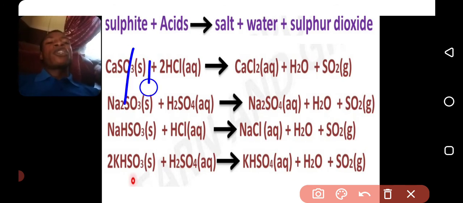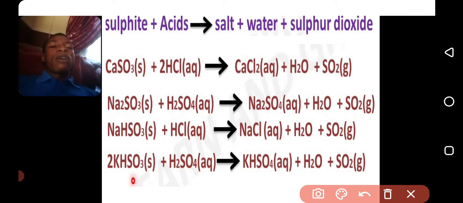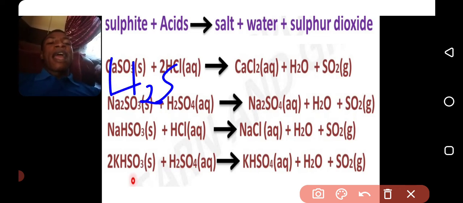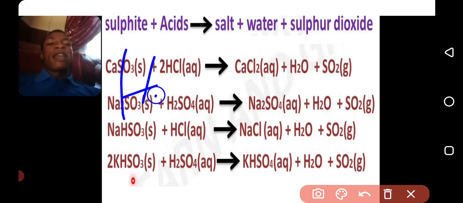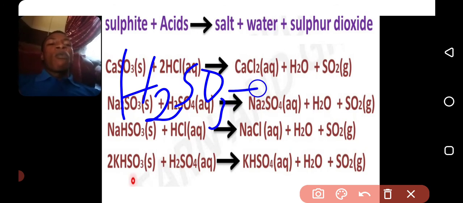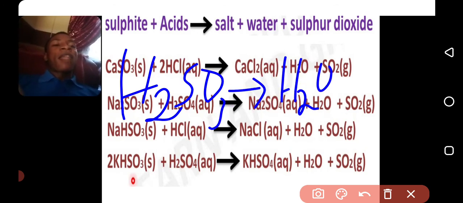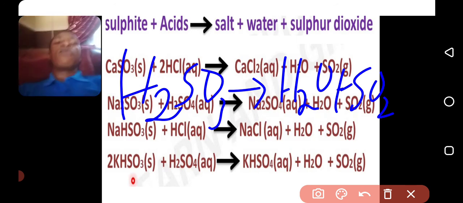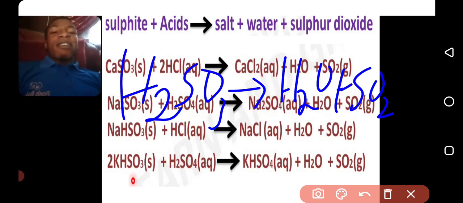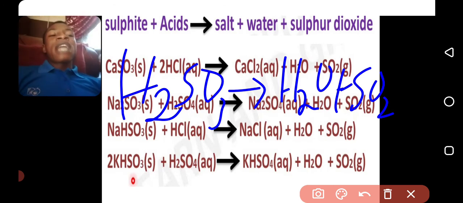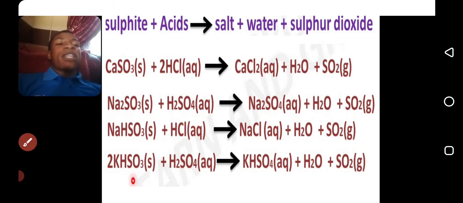Whenever you form H2SO3 also, it's going to break down into water and SO2. So take note of that. When you merge two units together and it's giving you H2SO3, just know that it's going to break down into water and SO2.